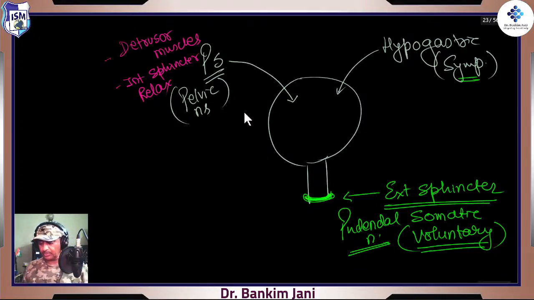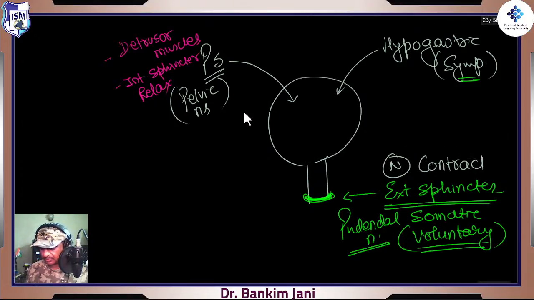During the micturition process, we need to tell this pudendal nerve, boss, now you don't function. When this nerve is inhibited, it won't be putting any load on the external sphincter. The external sphincter is relaxed and the evacuation process starts. So that's how all of them will be working. This is normally always contracted.